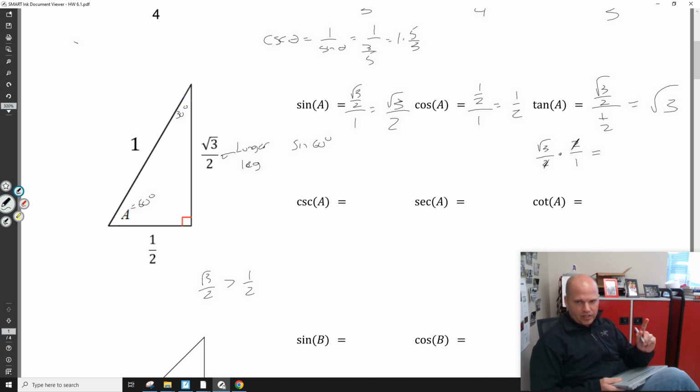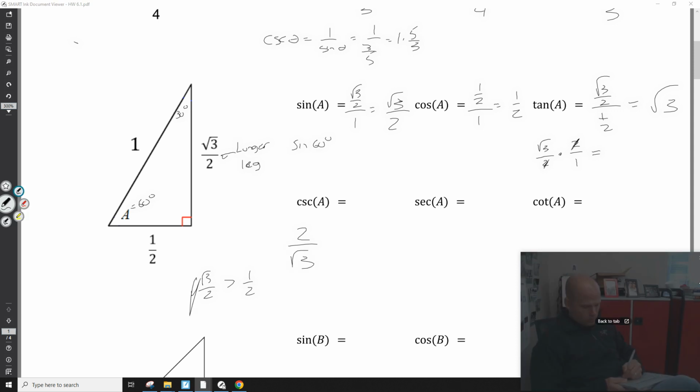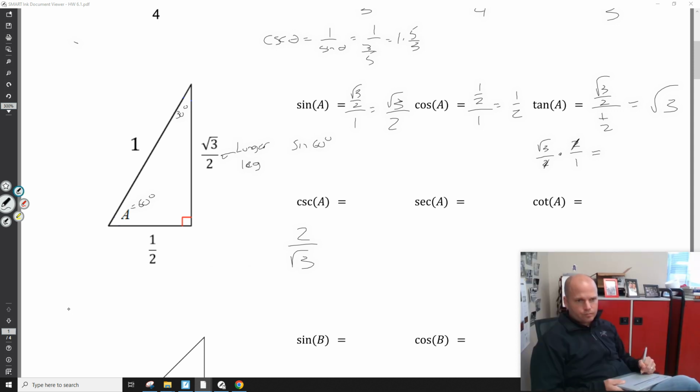Okay, now the other thing we have to worry about is rationalizing. The cosecant would be the reciprocal of sine. Now, in this class, we are not allowed to divide by the square root of 3.